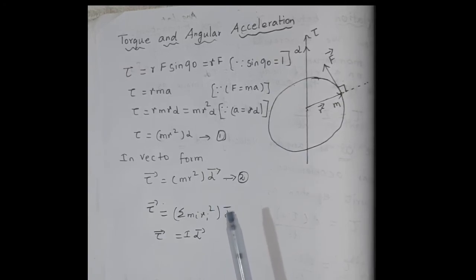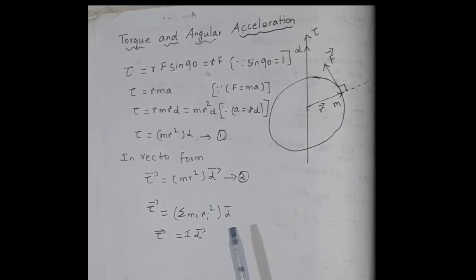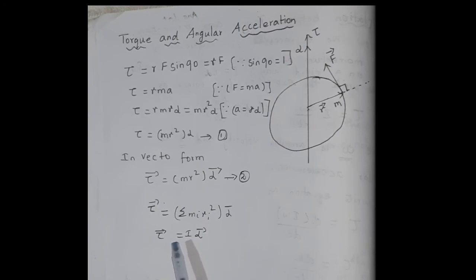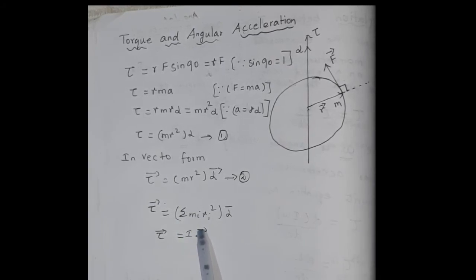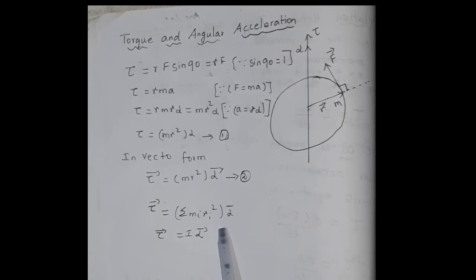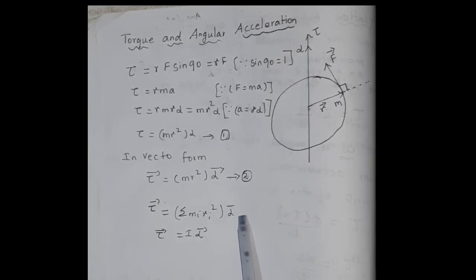Hence, torque for the rigid body can be written as tau vector is equal to summation of m_i r_i squared into alpha vector.